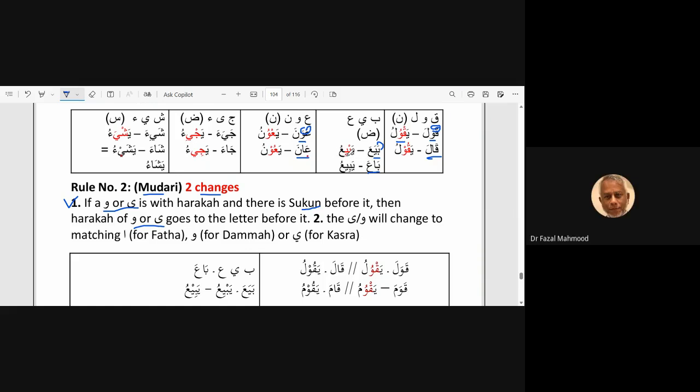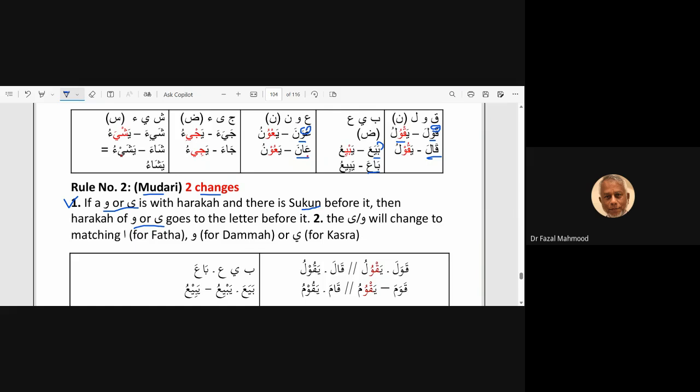I just want to add one small point. Qawala is the original Madi. We need to know that from the root letters Qaf, Waw, Lam, harakat were added, and it has become Qawala. It's the original Madi, and from that, the Ta'lil process is done.